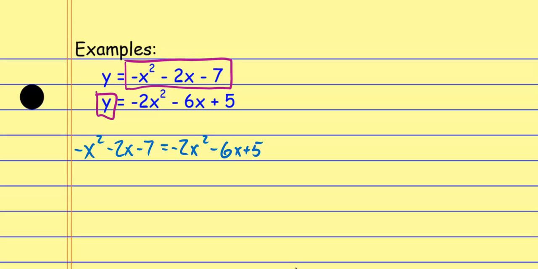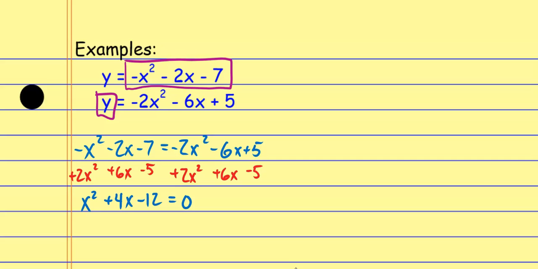I'm actually going to add that 2x squared to each side. Add the 6x to each side. And subtract the 5 from each side, okay? So I'm going to move everything over to the left here. Let's see, that gives me an x squared plus 4x minus 12 equals 0, all right?